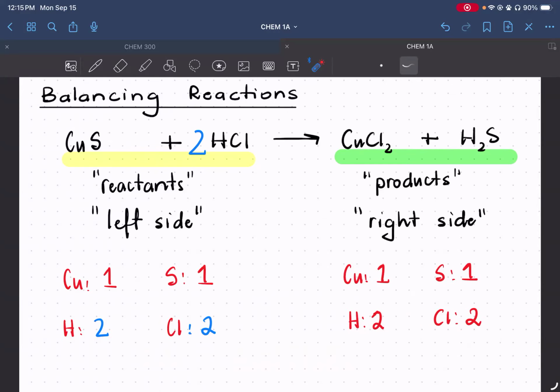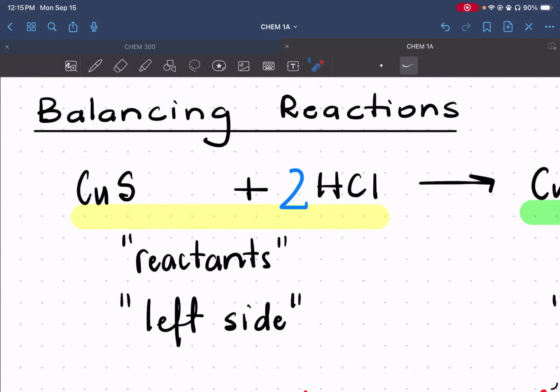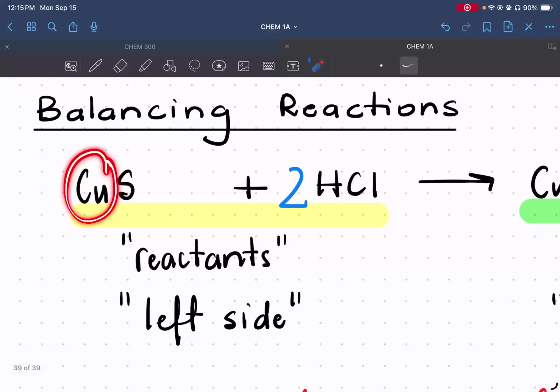Elena pointed something very important out that I do want to spend a little time on. Hopefully, we all recognize copper as a transition metal. We've talked about how we cannot just look at the periodic table and identify a transition metal's charge. We have to have some information to give us the hint. Here we have sulfur, which is in group 16, and we know that group 16 is 2 minus.